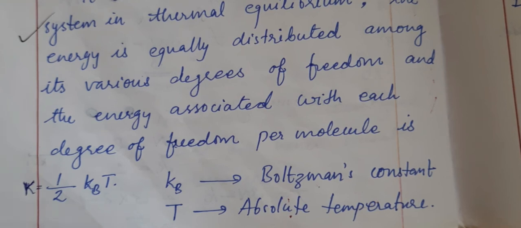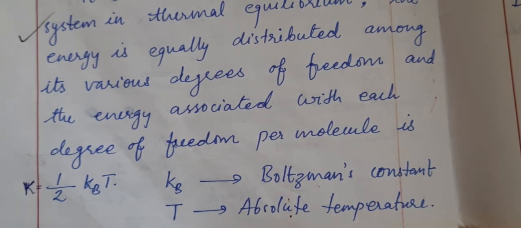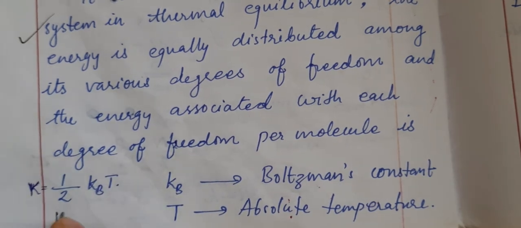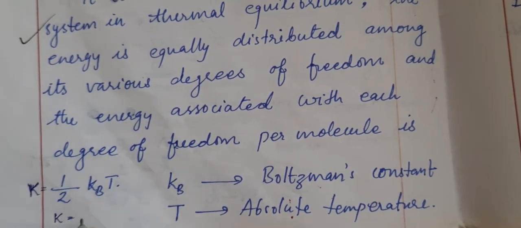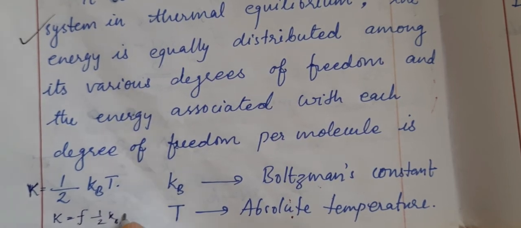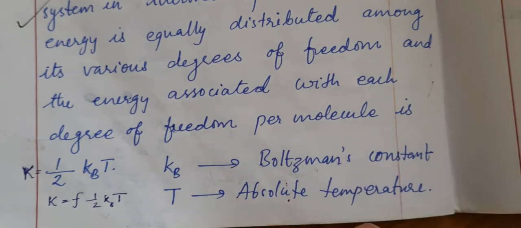Instead of that, let us generalize this equation, that is this half kBT, we can consider the degrees of freedom. Then this kinetic energy equation becomes F times half kBT, where F is the degrees of freedom in each case.